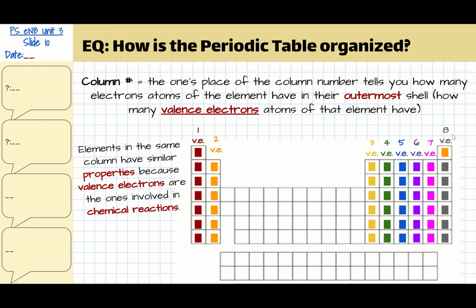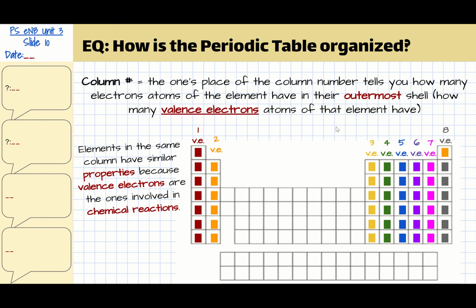It really likes to have 8 valence electrons. So the column 17 halogen elements really want one more valence electron so they can have 8. They're extremely reactive and will steal electrons from other atoms, because they are missing 1 valence electron: they only have 7 and they really want 8.